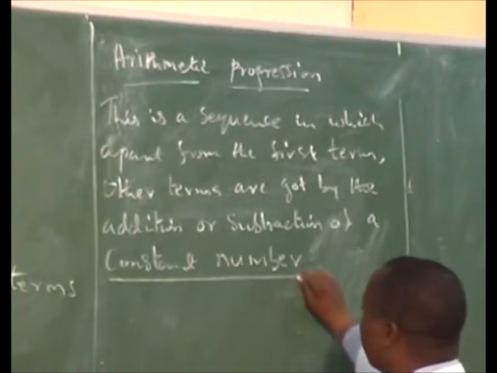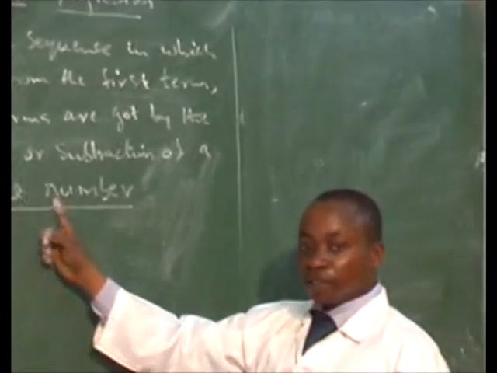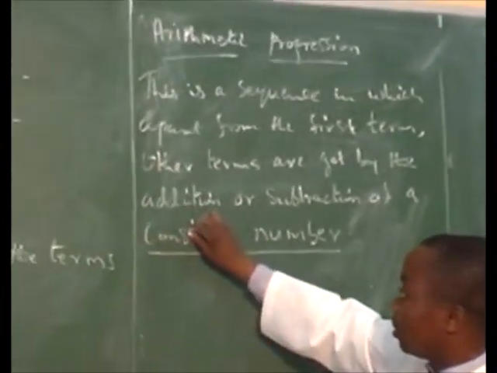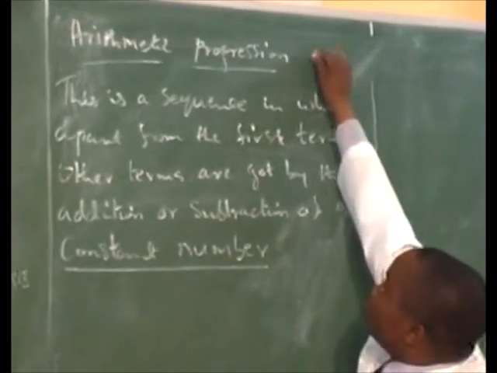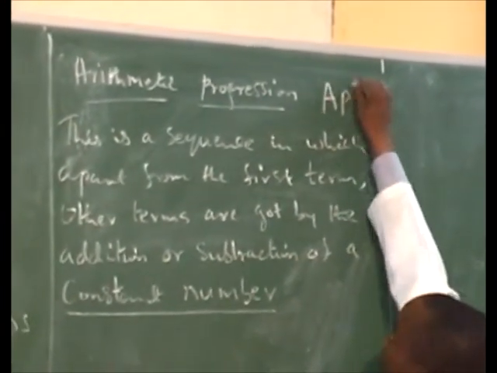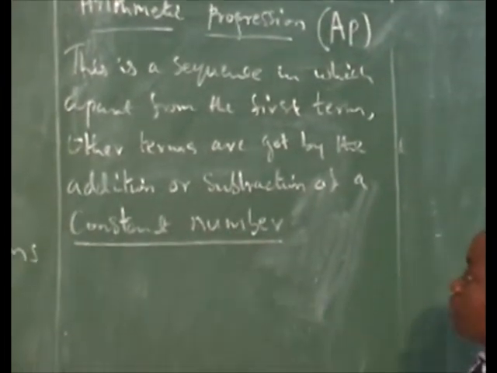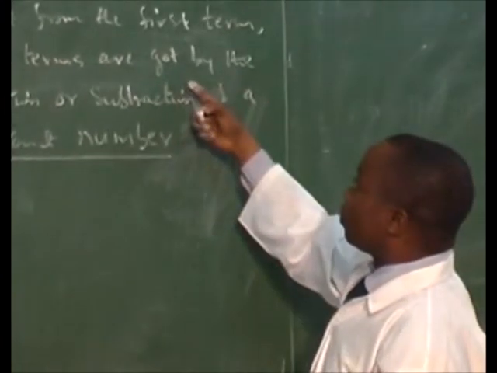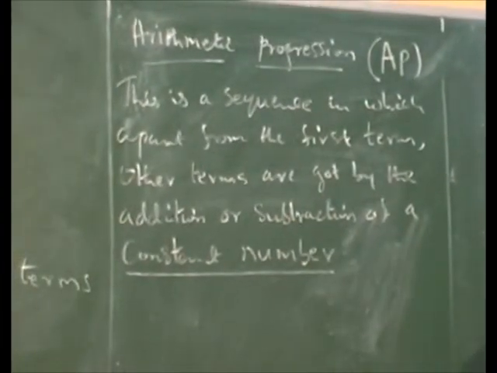Let me underline that word because we are going to deal with that. If you know this one, in fact, operation of arithmetic progression, also known as AP, will be very simple for you. Constant number. You see, other terms are got by the addition or subtraction of a constant number.